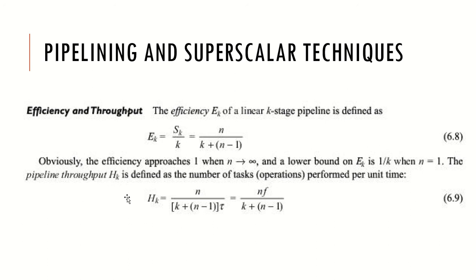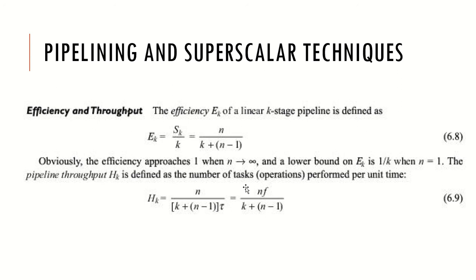Now you talk about the pipeline throughput. The pipeline throughput is defined as the number of tasks performed per unit time. The number of tasks is n. The unit time is K plus n minus 1 into tau. So for the throughput of a linear pipeline or any pipeline, you have the expression nf divided by K plus n minus 1, because 1 by tau is equal to f.